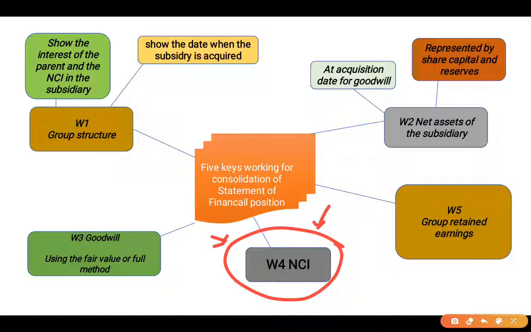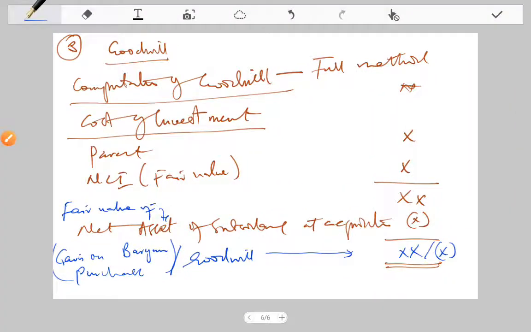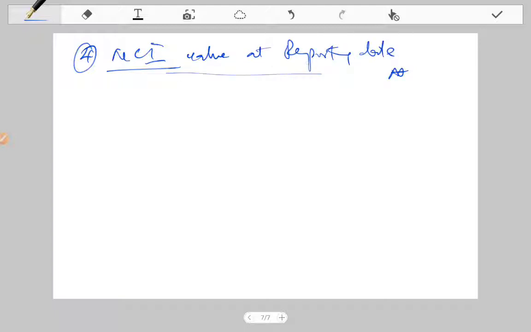It is a group of people, because the standard describes them as a group of entities that own the residual of the subsidiary. So the fundamental rule of NCI is for us to be able to know the NCI value at reporting date. That means what is to be consolidated.